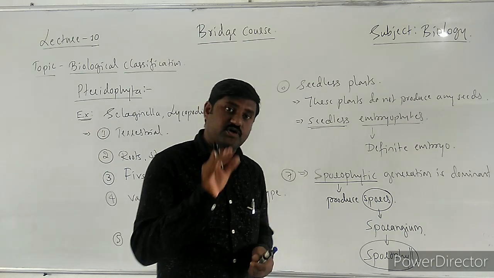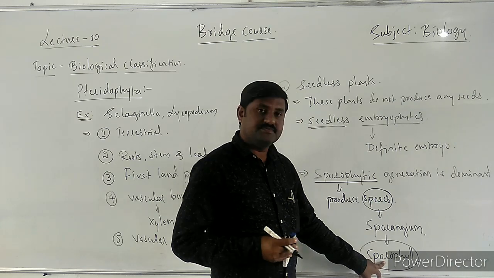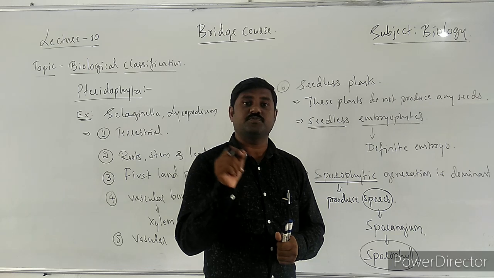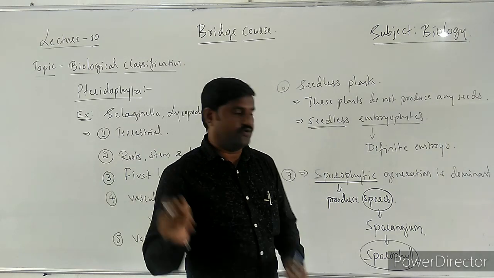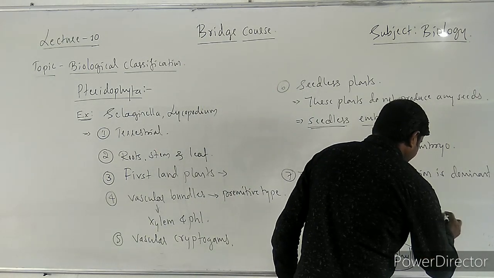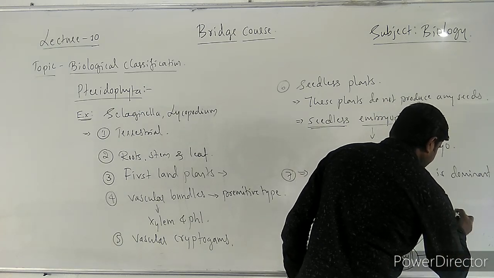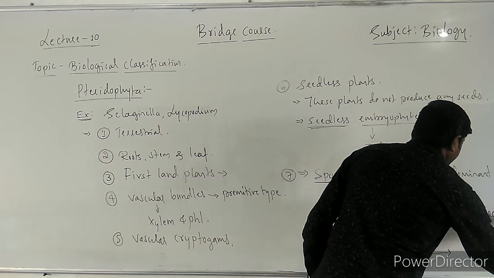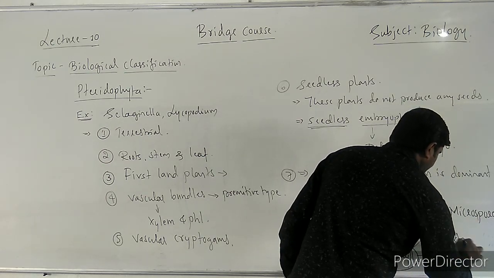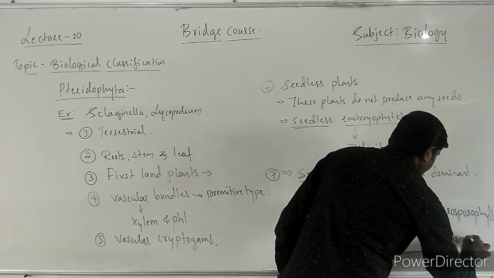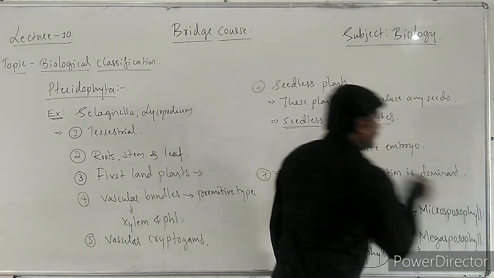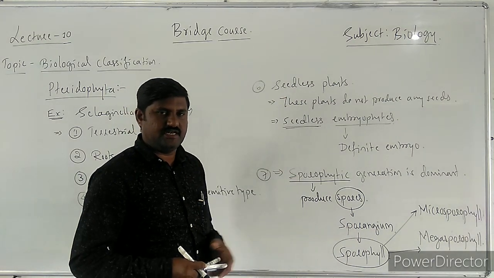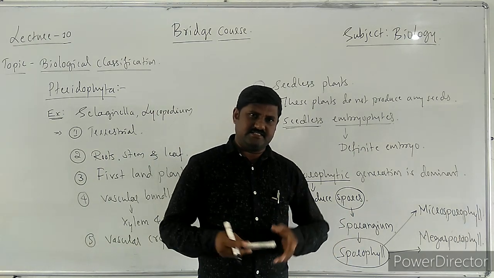Based on the type of spores produced, the sporophyll is named microsporophyll and megasporophyll. Lycopodium and Selaginella are the best examples for this.